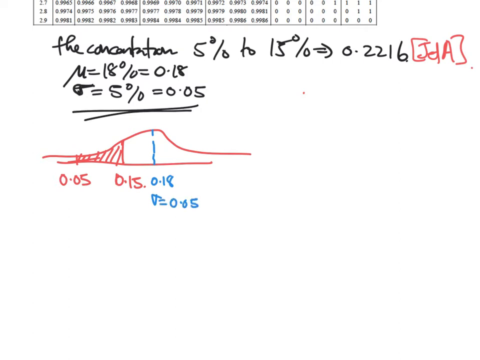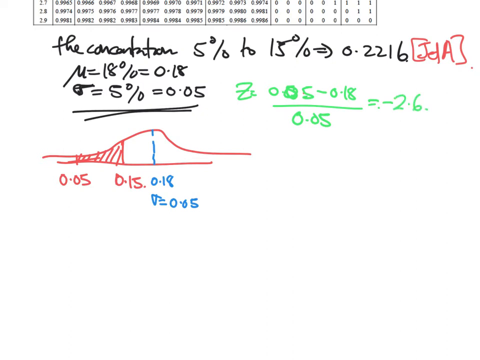So let's find out the concentration over here. First of all, 0.05, let's look at the z-score. 0.05 minus 0.18 and divide this by 0.05, the standard deviation, and I'm getting exactly negative 2.6.